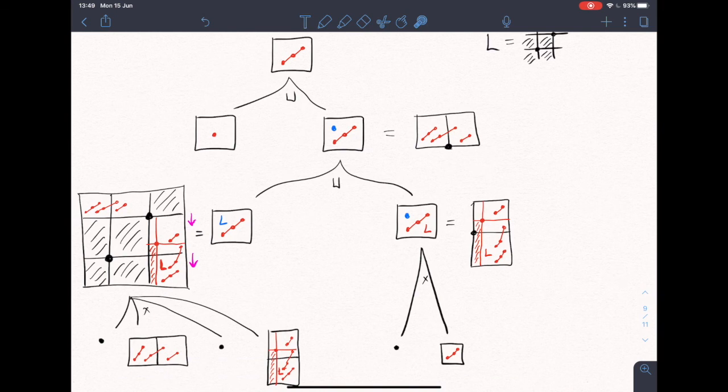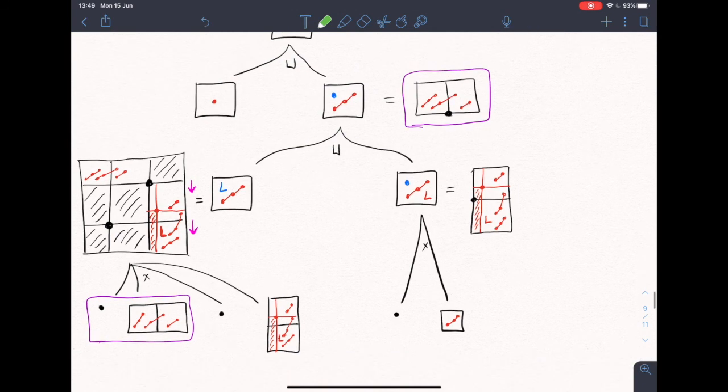Okay, now if we add some colors, I claim we're done. So here is a piece I'm going to make purple, which is really the same thing as over here. The point is just in a different place. And these two are the same as what we have over here. Again, the point has just been factored out on the left.